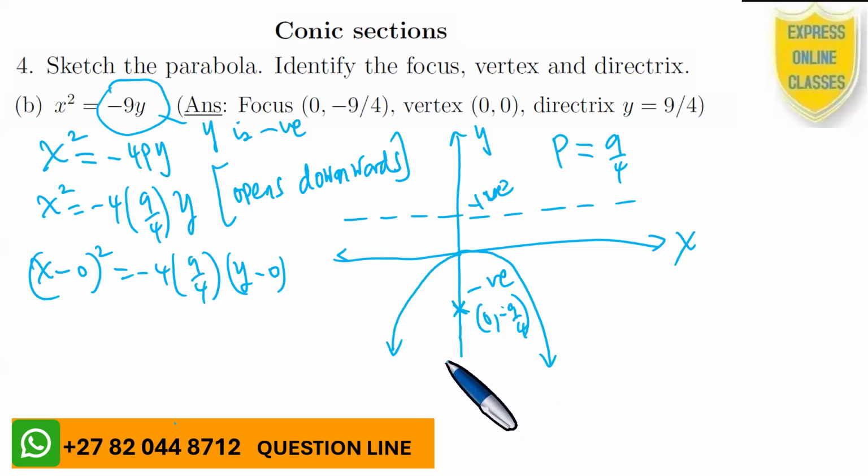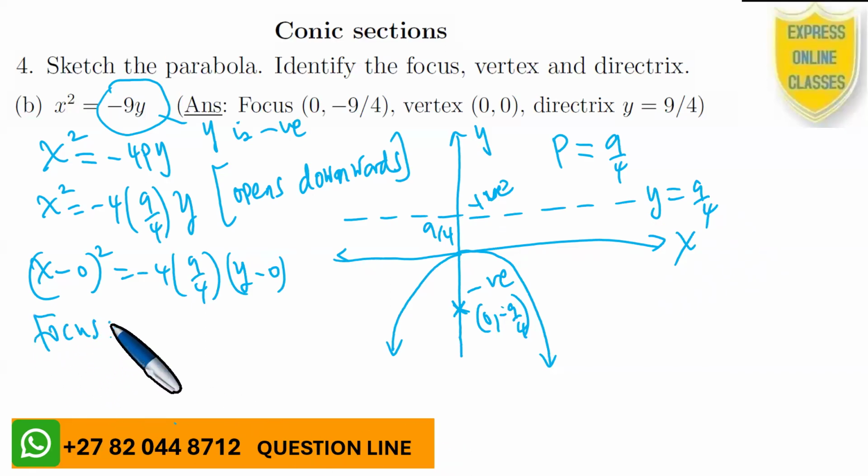Okay, now because the focus is going to be at p equals 9/4, but it opens downwards, it's negative 9/4. And then the directrix is going to be the same distance away, so it's going to be 9/4 upwards, but it is y, which means y is 9/4. And this means, therefore, we have the focus. The focus, therefore, is 0 and minus 9/4.